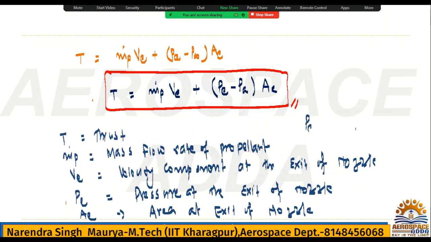What is Pa? Ambient pressure. This is the thrust equation.